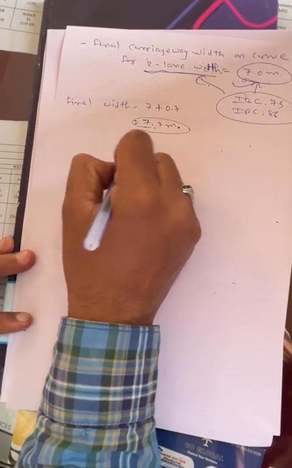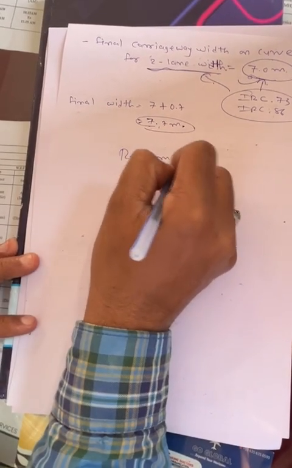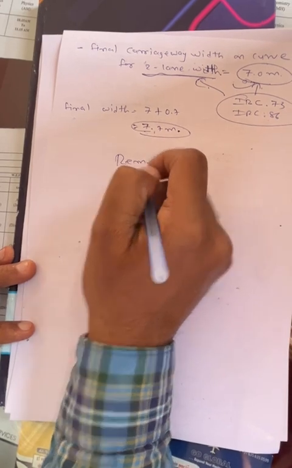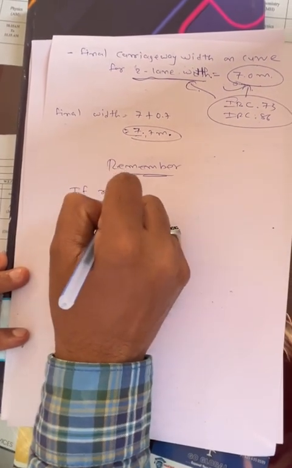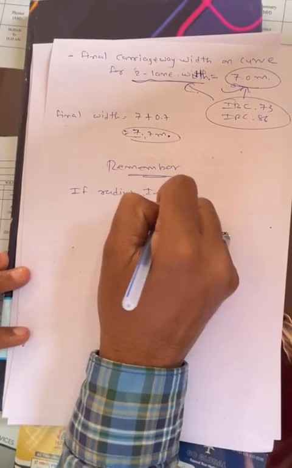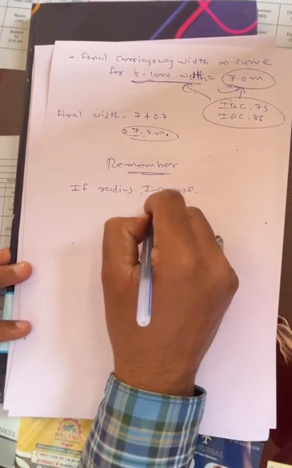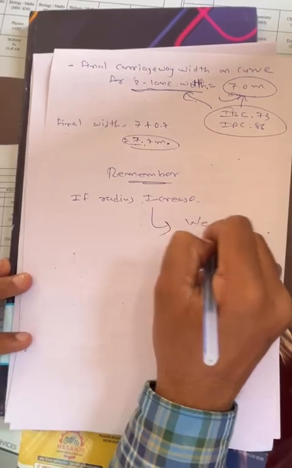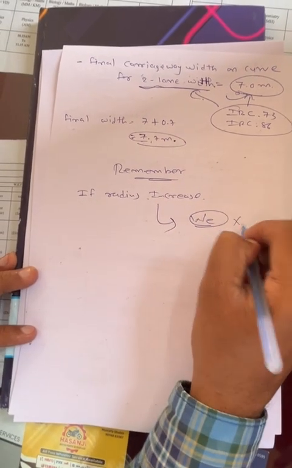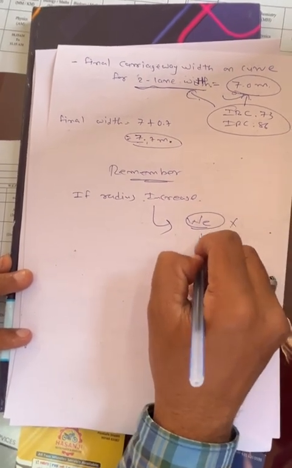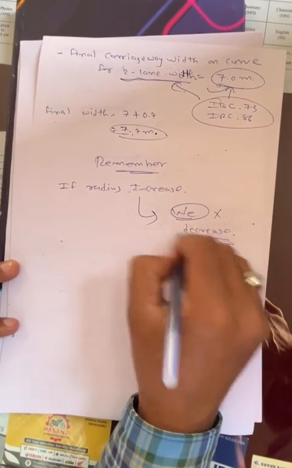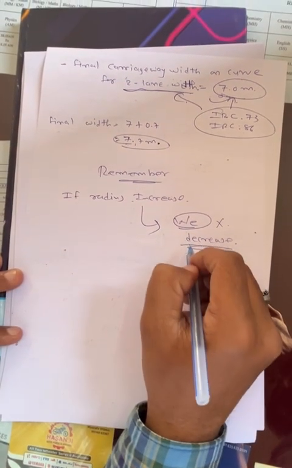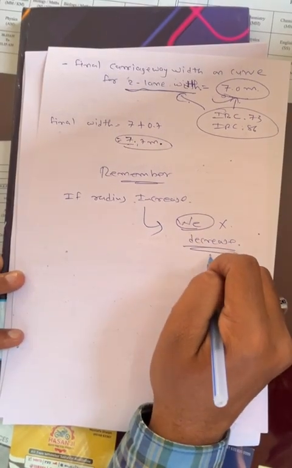Now remember the most important thing. You have to know as a highway design engineer that if our radius is increased, then our extra widening never increases. Extra widening always decreases. This also has some reasons.